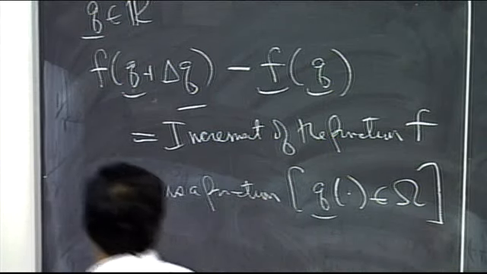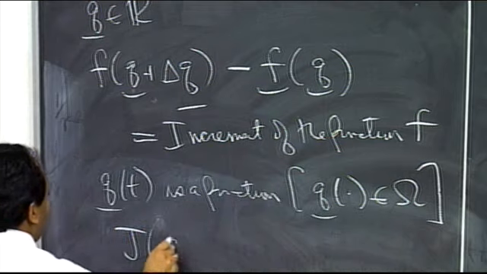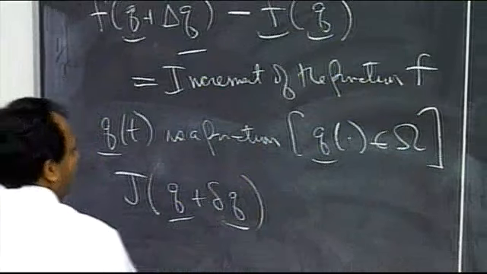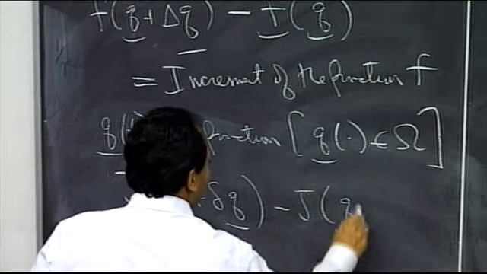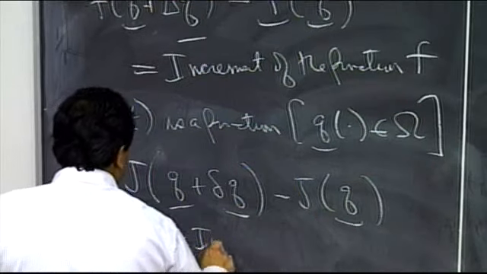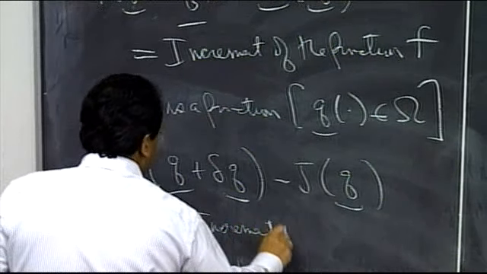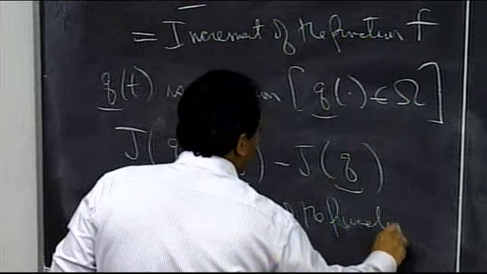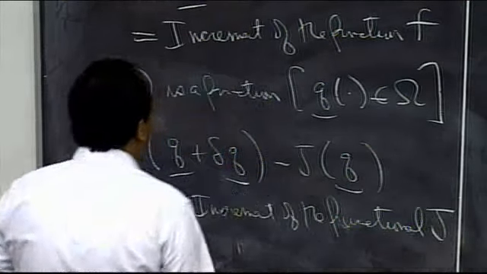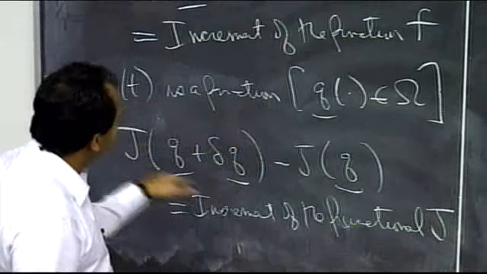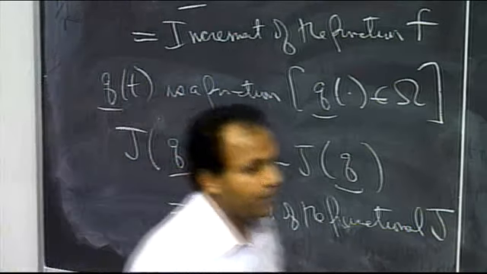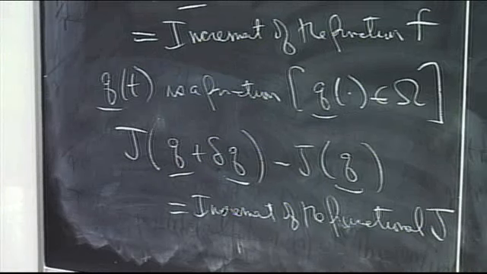I say J, which is my functional now, of Q plus delta Q, which is a little delta now, minus J of Q is the increment of the functional J. Notice that the difference here is that this is not a point, so I don't use a big delta anymore. I use a little delta. All right? And the key thing in all of this is that you have to understand that these are not the same thing.